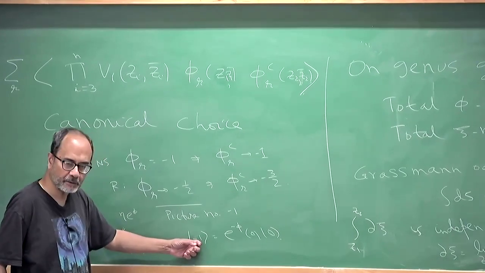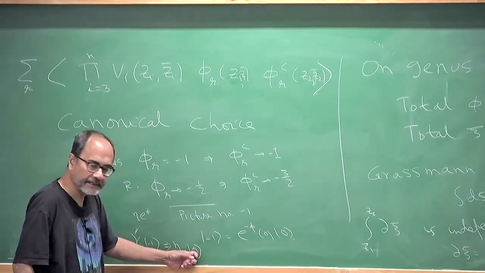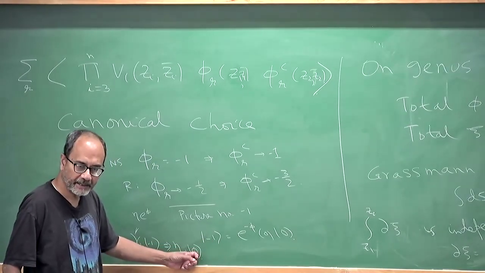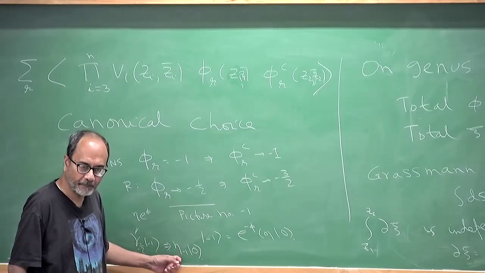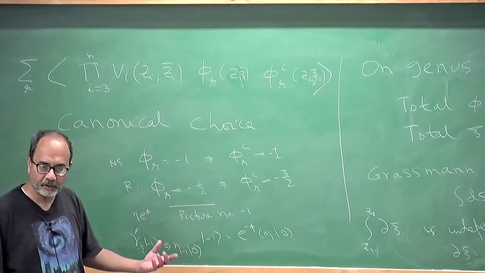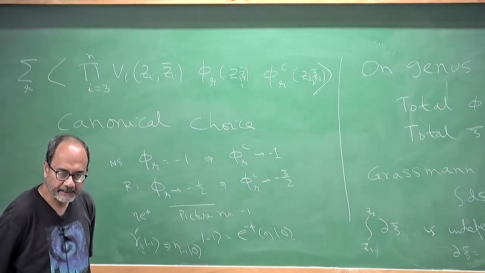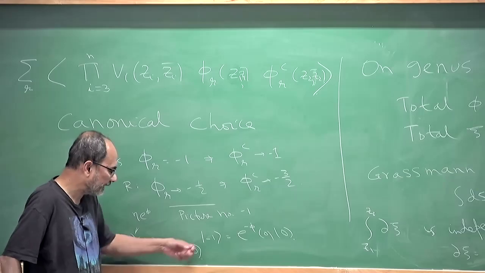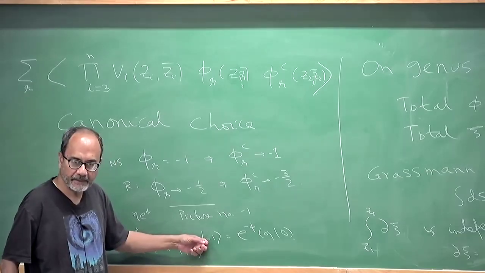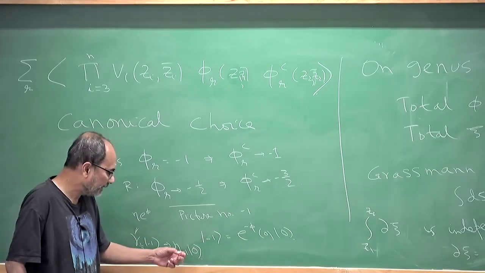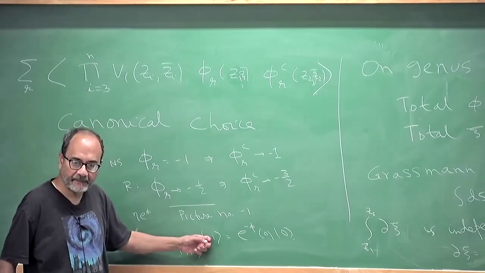So the phi charge has changed. Here the phi charge was -1. Here the phi charge is 0. The eta charge has compensated: the picture number is fixed, so the eta charge has compensated for that. But when you construct the basis states, you have to allow this and this in the same basis. So what we see from here is that you couldn't independently change the phi charge and eta.